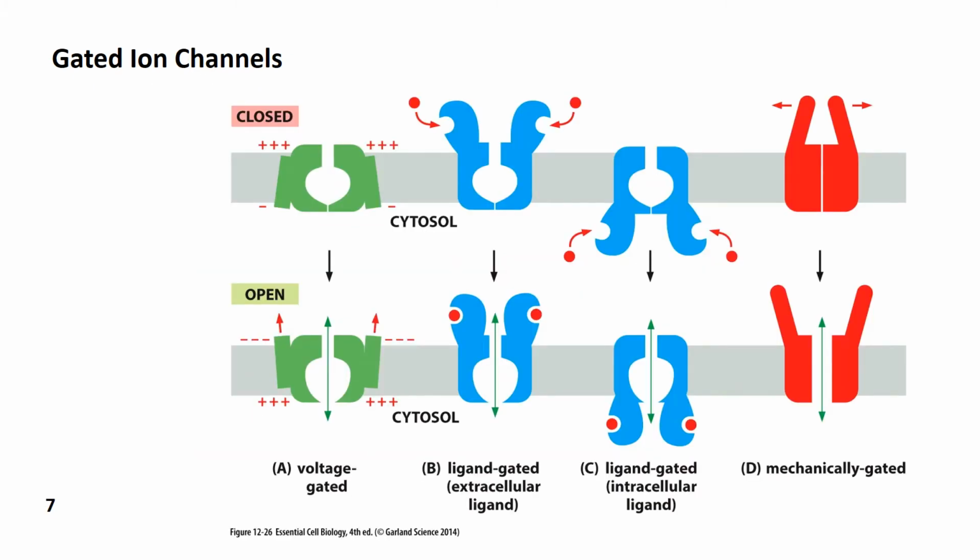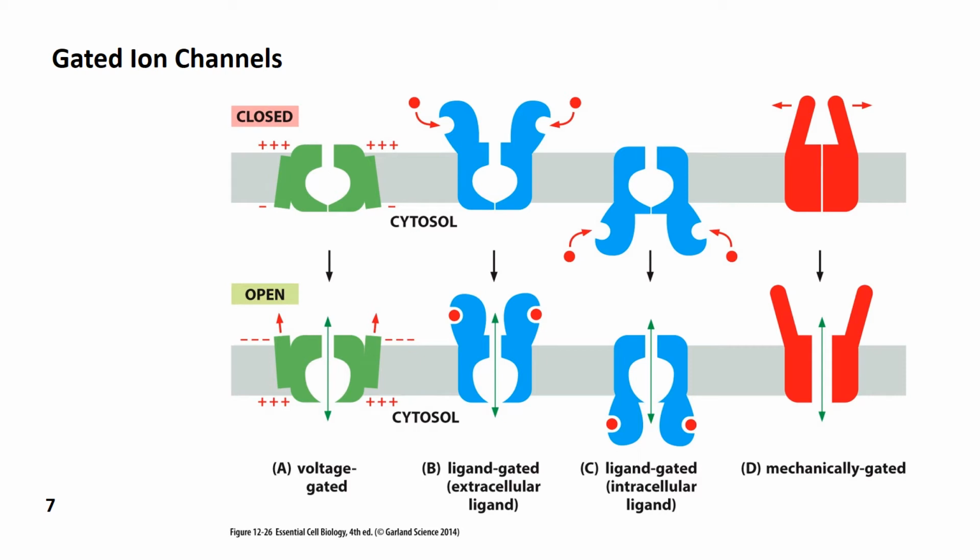There are a number of different things that can open and or close ion channels. Beginning with the right-hand side of this image, we see that some ion channels are mechanically gated, meaning that physical stresses placed upon a cell or a cell membrane can tug on the shape, if you will, of a mechanically gated channel to cause that channel to open or close.